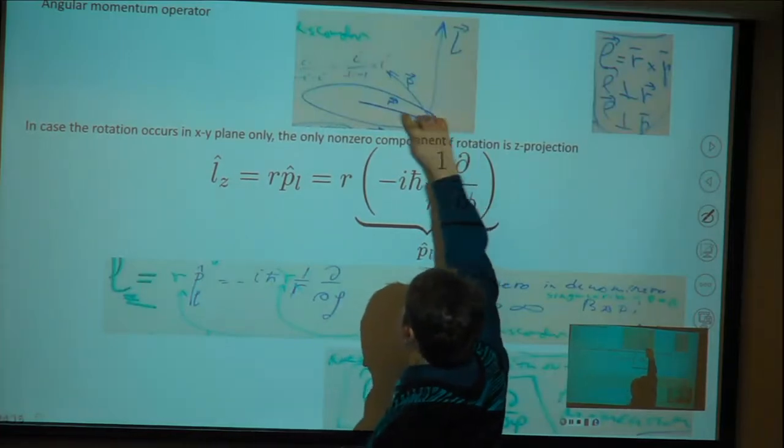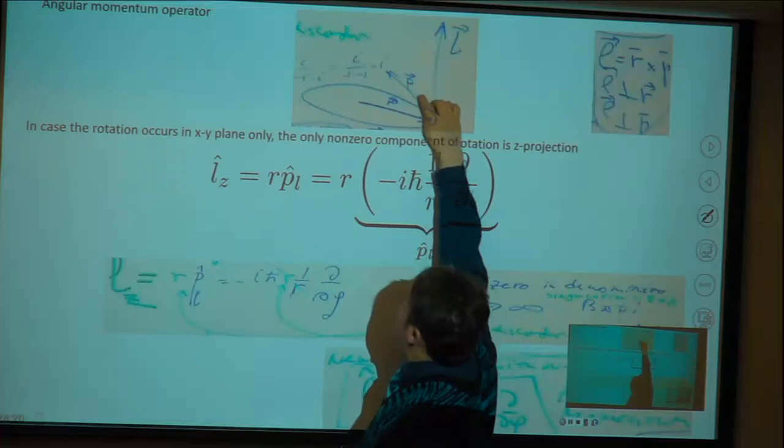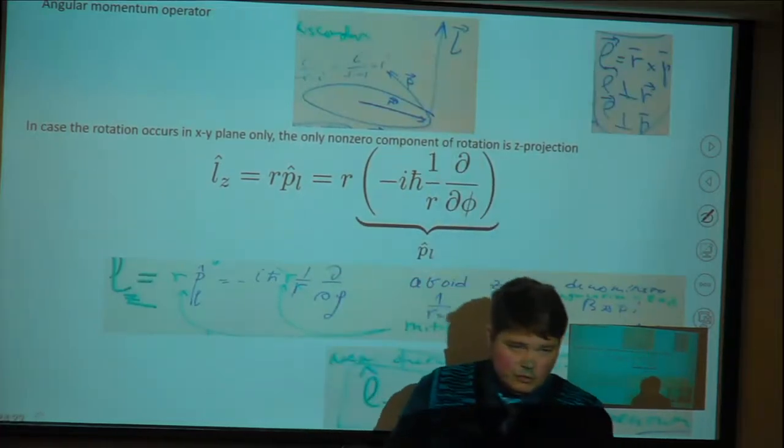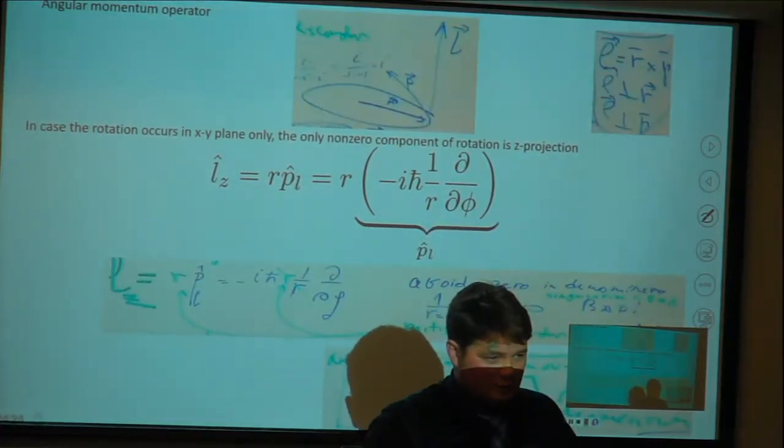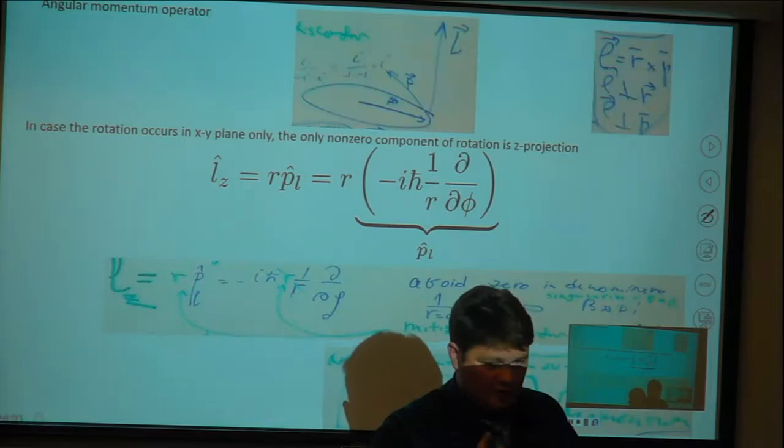Cross product of the distance from center to moving object times momentum. And by the rules of cross product, it is oriented 90 degrees to both. The quicker the rotation, the larger is angular momentum.